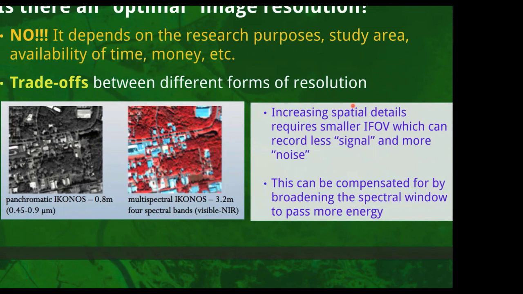If they do give you a panchromatic band, you can combine them through pan sharpening. So that's a reason why sometimes you have the option of different types of data.